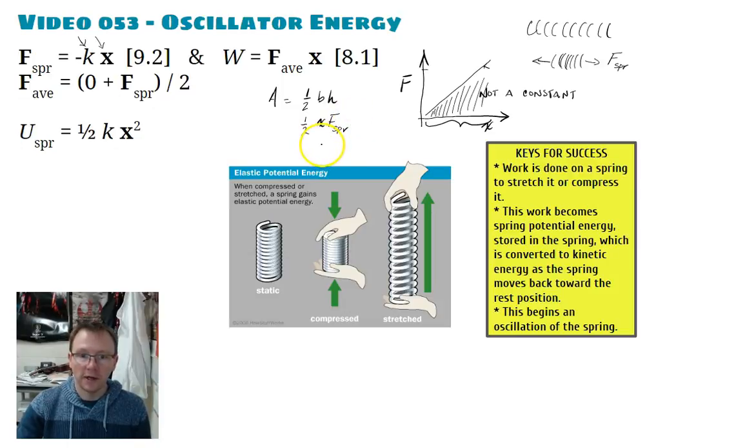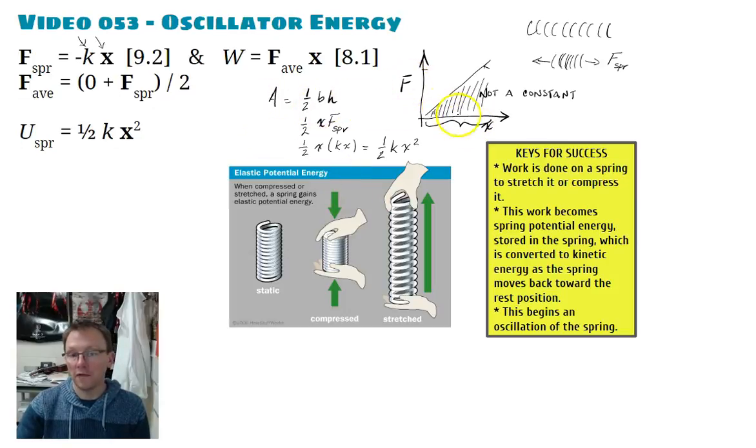That force is this formula right here, kx. So I'm going to sub in kx for the spring force to simplify. So 1/2 x times kx, or simplified, 1/2 kx squared. And so that is the area under the curve.